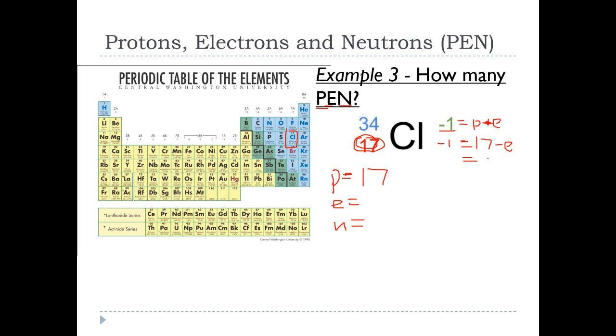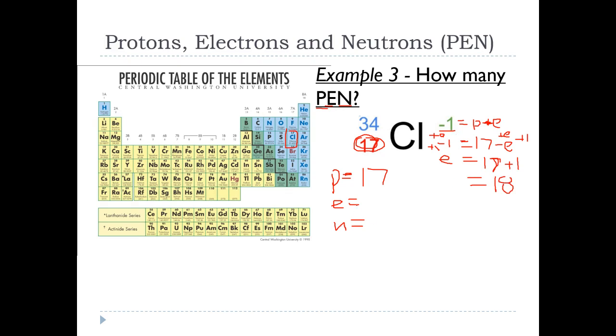And so moving things around, I'm going to add E to both sides. And then, since this is a -1, I'm going to add 1 to both sides. So the electrons has to be 17 plus 1, since I had to flip the -1 over to this side. And that tells me there's 18 electrons.